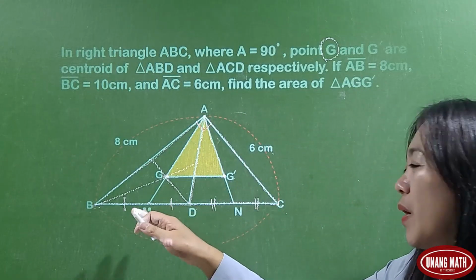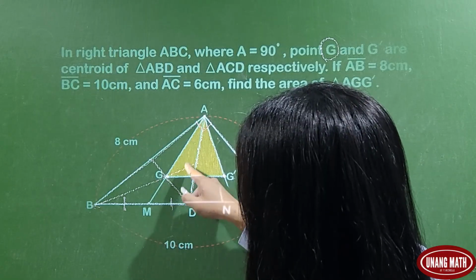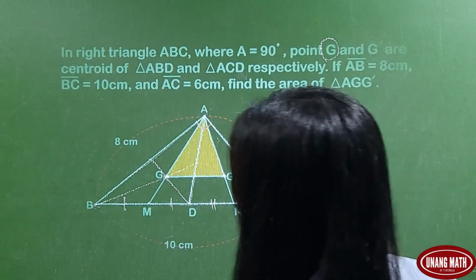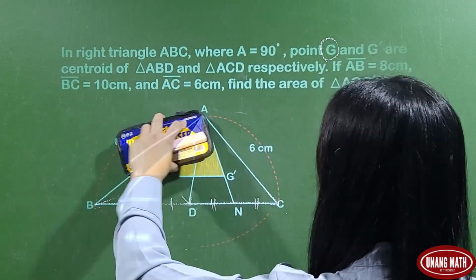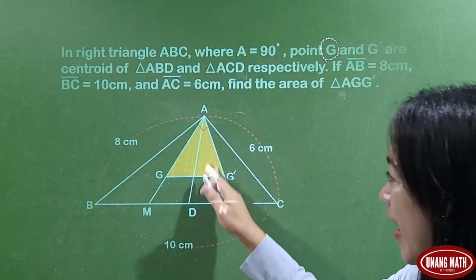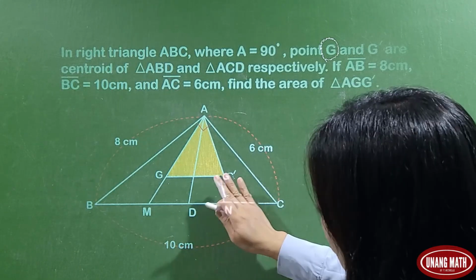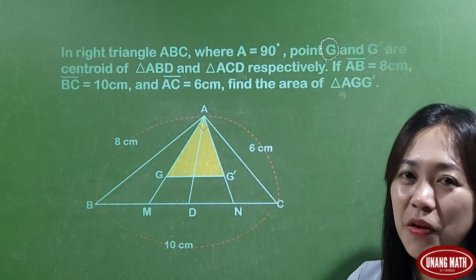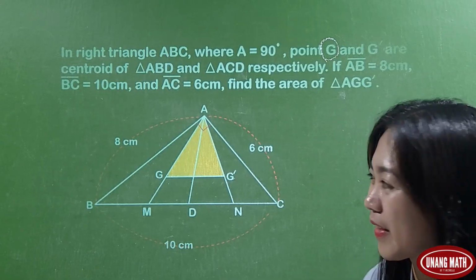So we cannot use this concept in finding the area of this shaded region. What we need to do this time is to make use of the ratio of the areas of triangles. But first, we have to find out if there are similar triangles in this figure.